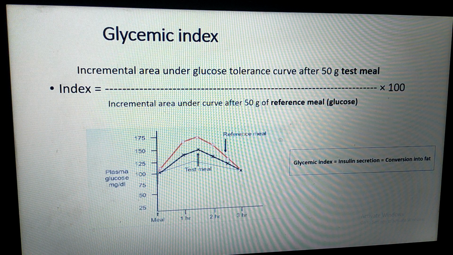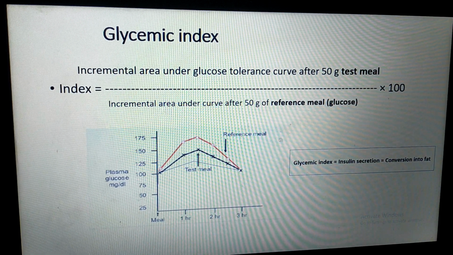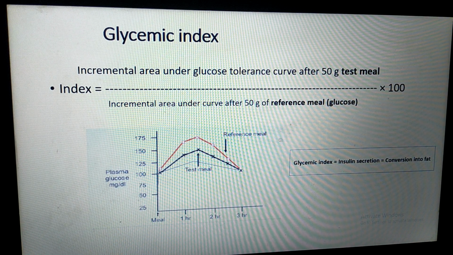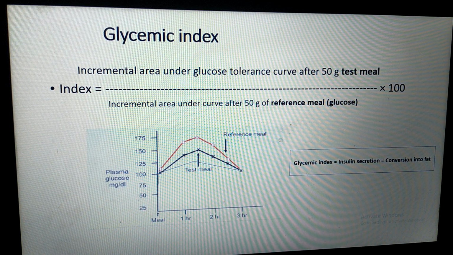So after plotting the graph of glucose as well as the test meal, you have to take the area under the curve of the test meal and the area under the curve of the reference meal, take the ratio and multiply it by 100.